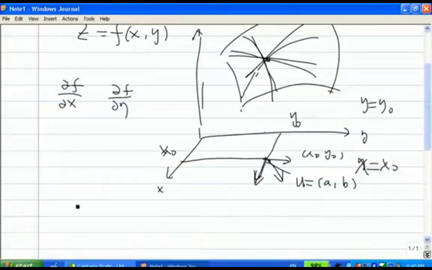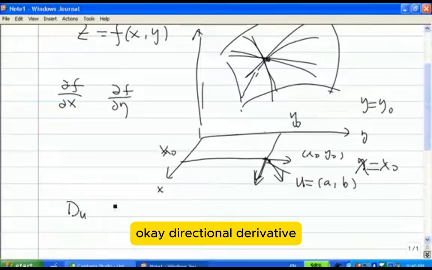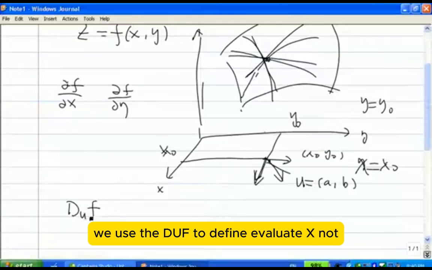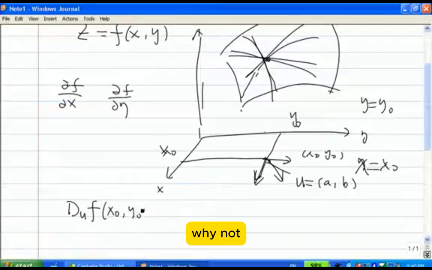Directional derivative. On the direction u, we use D_u f to denote it, evaluated at (x naught, y naught).